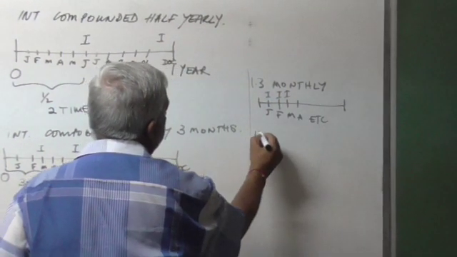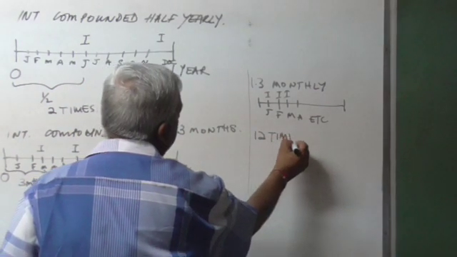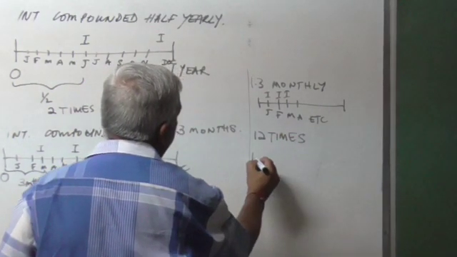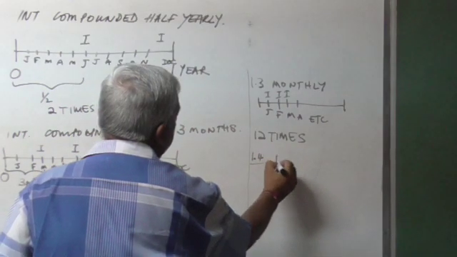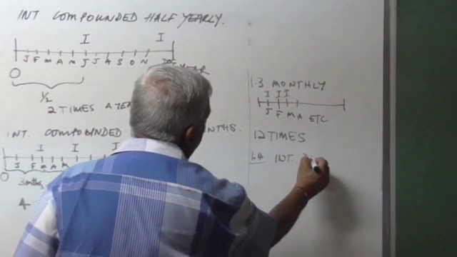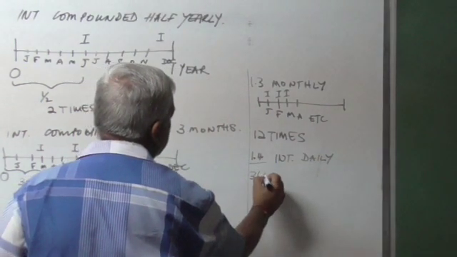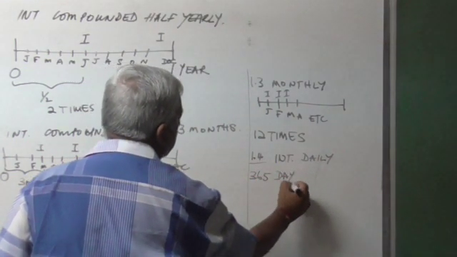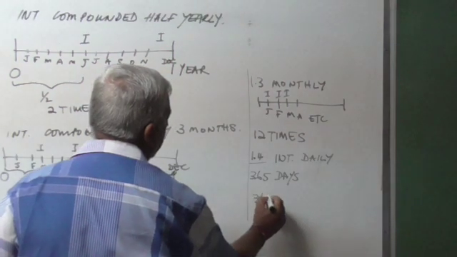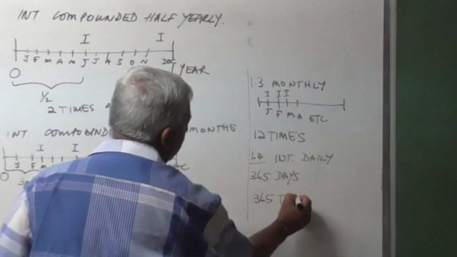So obviously you will get 12 times. And finally the last one, if you get interest daily, then in 1 year there are 365 days, so there will be 365 times.